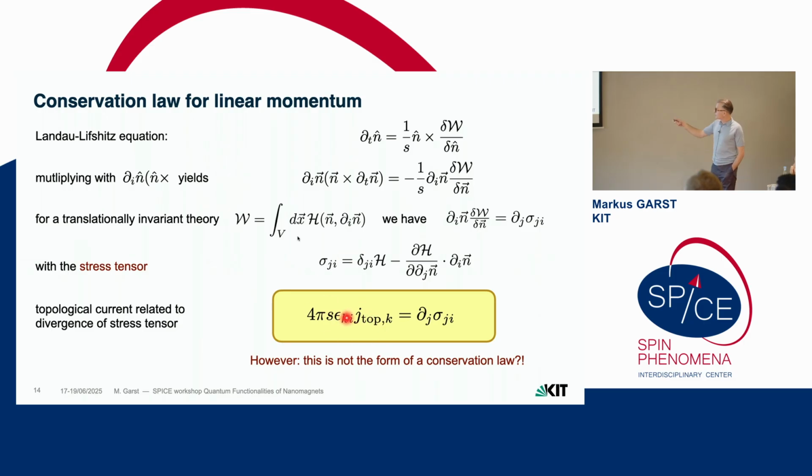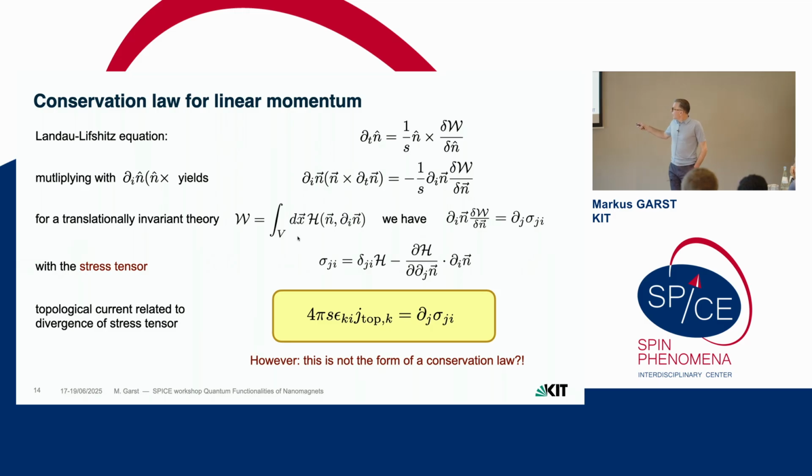So we arrive at this very nice looking equation that the topological current, you have to reshuffle a little bit the indices. For that reason, you have an antisymmetric tensor here. But in fact, you just have a topological current. There is a 4 pi because of normalization, and then there is the spin density because of this Landau-Lifshitz equation here. But essentially, you have a topological current which is given by the divergence of sigma.